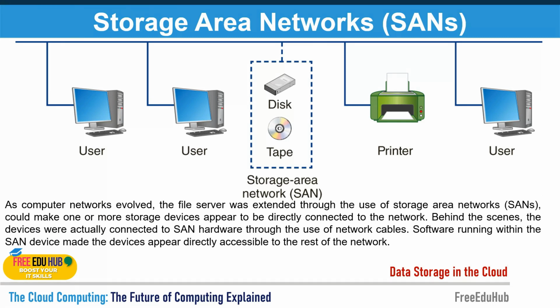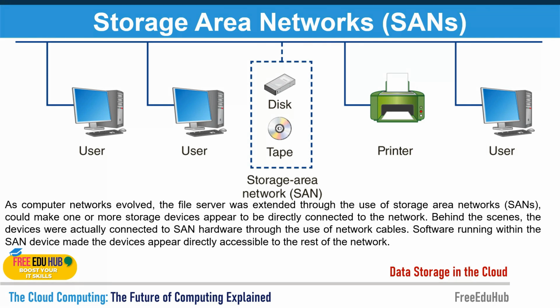Now, a storage area network, as a computer network evolved from the file server, was extended through the use of the storage area network and could make more storage devices appear to be directly connected to the network. Behind the scenes, the devices are actually connected to a SAN hardware through the use of a network cable. Software running within the SAN device made the devices appear directly accessible to the rest of the network.